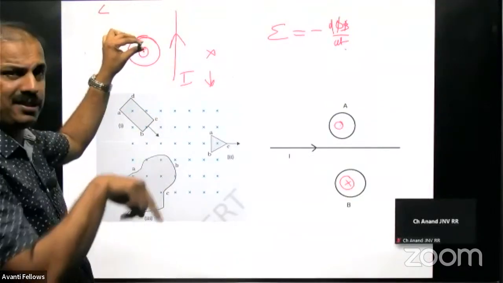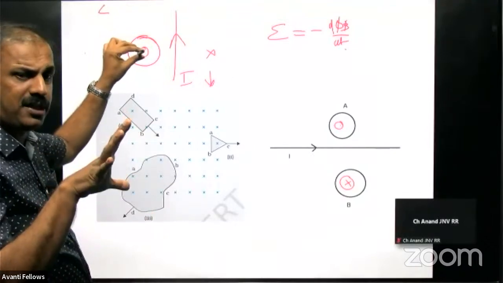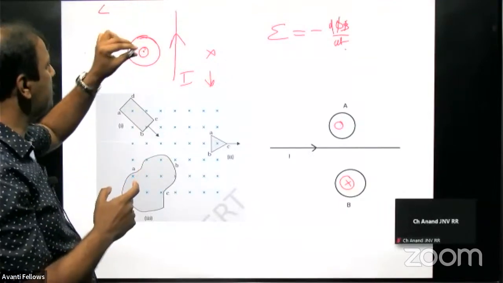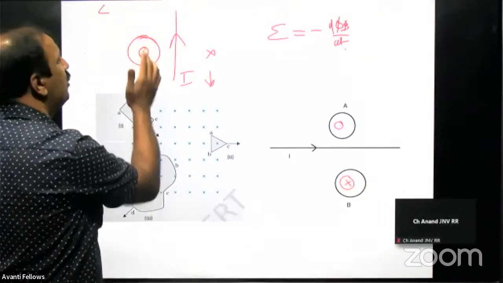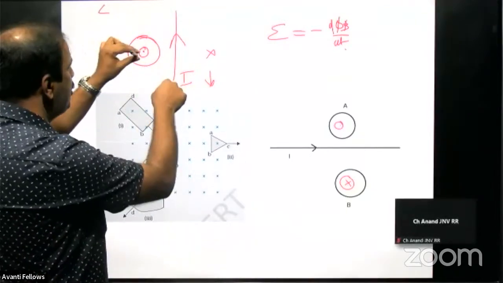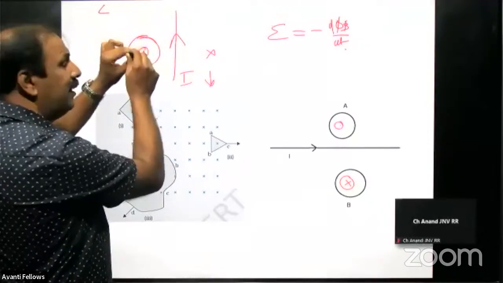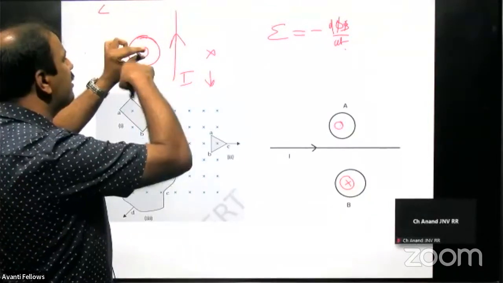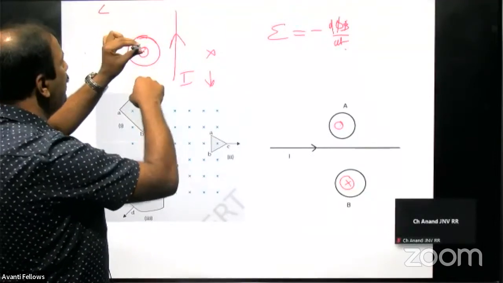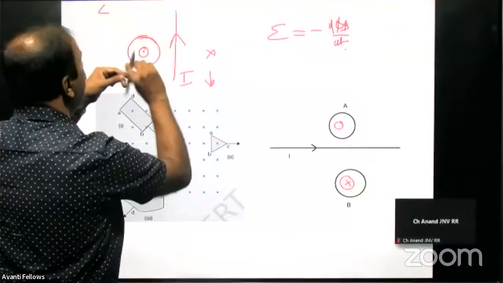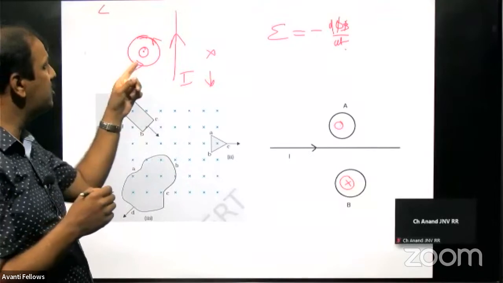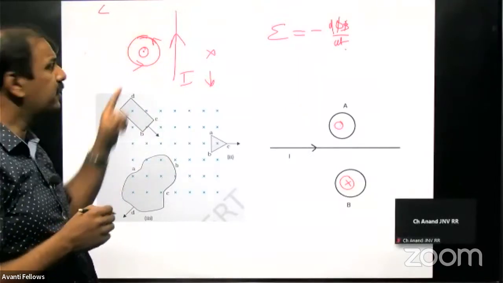We have to increase it, because reducing is the process. We have to oppose it. Always we have to do the opposite. So the magnetic field toward this side is reducing, so we have to increase it. How to increase it? You have to support it in the same direction. So if you want to support in the same direction, the current should be this way. That's how you have to find out.